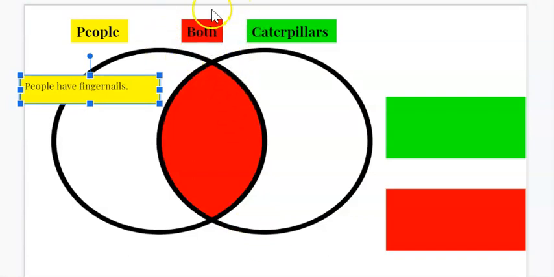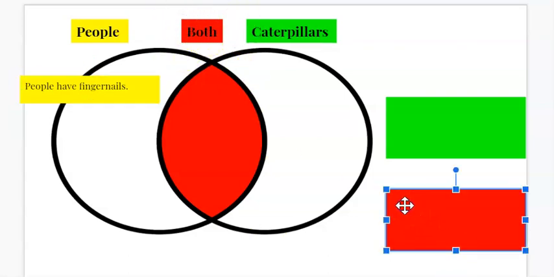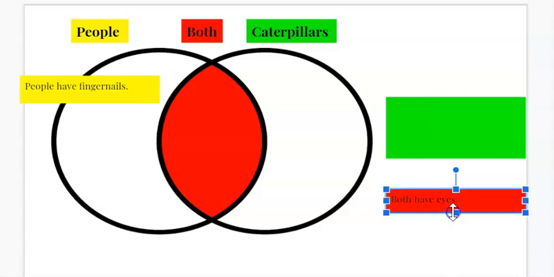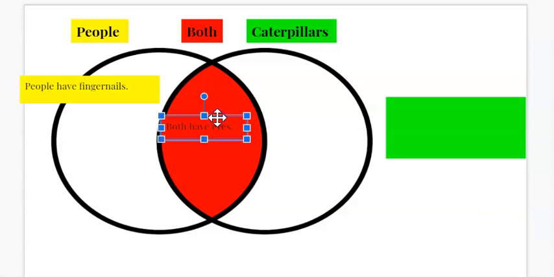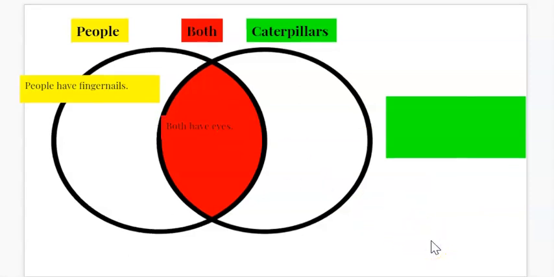What do both people and caterpillars have? Oh, I know. Both have eyes. I'm going to take my sort and I'm going to drag it in the middle because that's what they both have.